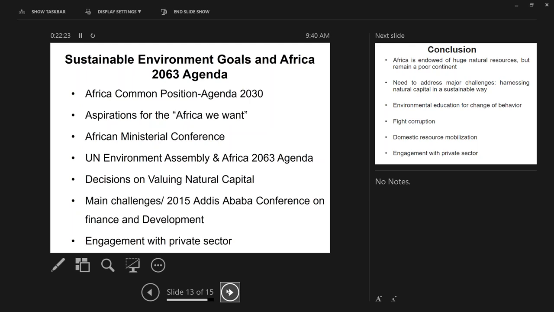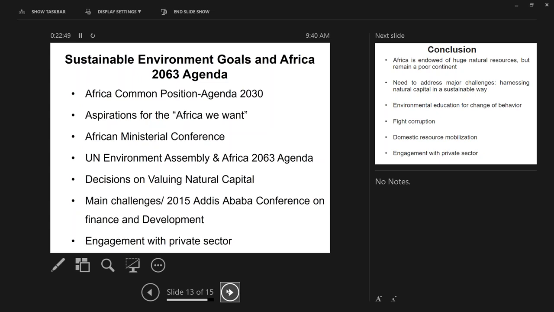What is important to notice in the 2030 Agenda and Sustainable Development Goals is that, as compared to the Millennium Development Goals, the 2030 Agenda includes sustainable development. Most of the sustainable development goals are environmental related.